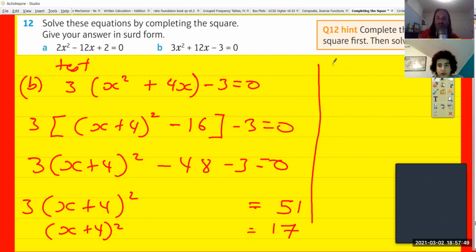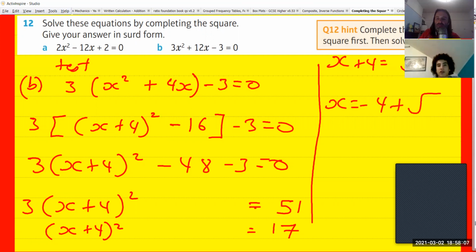So x plus 4 is root 17. So x equals minus 4 plus root 17 and minus 4 minus root 17.